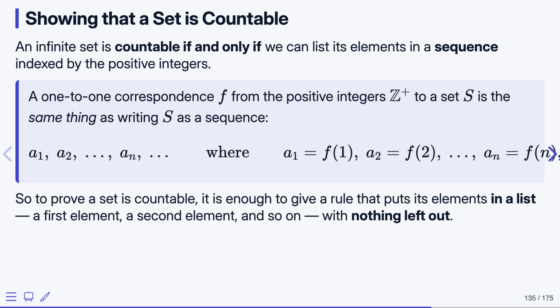Saying there is a one-to-one correspondence from the positive integers to the set S is exactly the same as writing S as a sequence a1, a2, a3, and so on, where a1 is f of 1, a2 is f of 2, and in general an is f of n. So from now on, to show a set is countable, we just need to find a way to list all of its elements, with nothing missing and nothing counted twice.